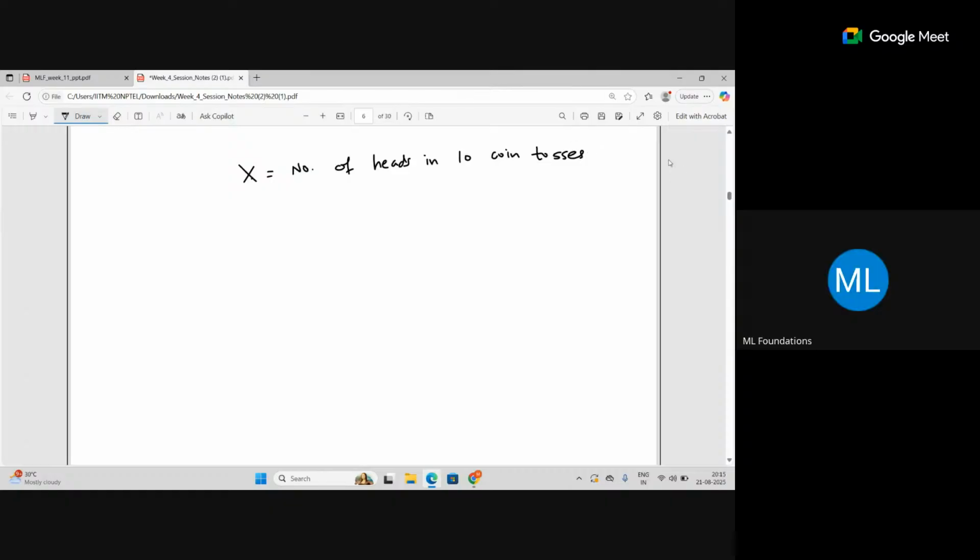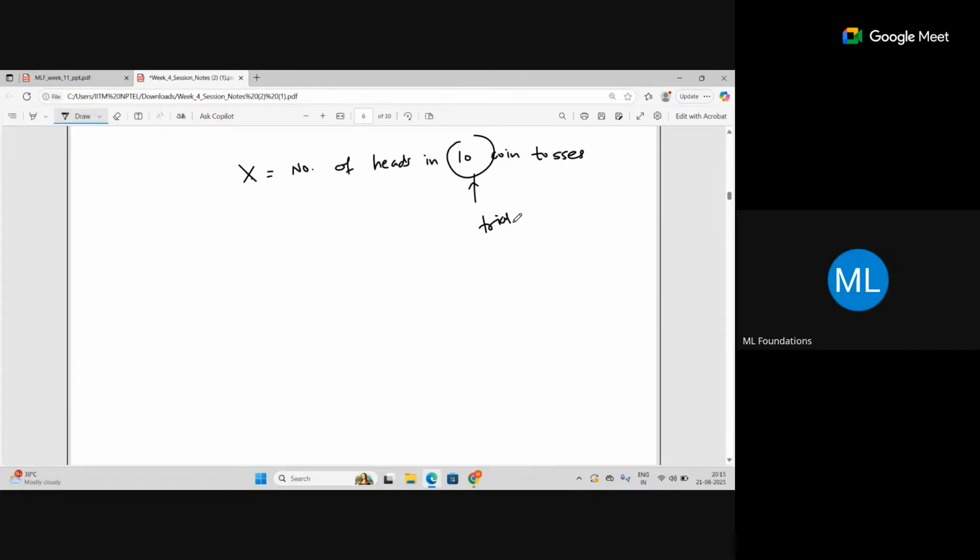So because I have a finite number of trials, this is called a trial, right? So in each trial, when we say 10 coin tosses, that means I'm using one single coin 10 times, and it is possible that I will not get any head, right?